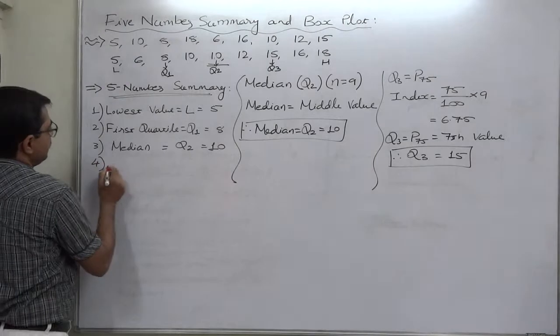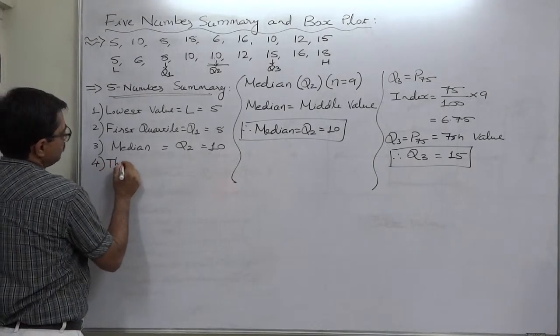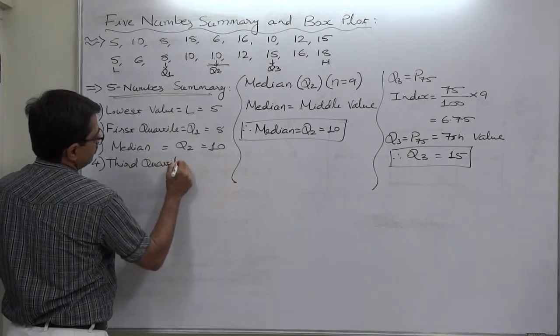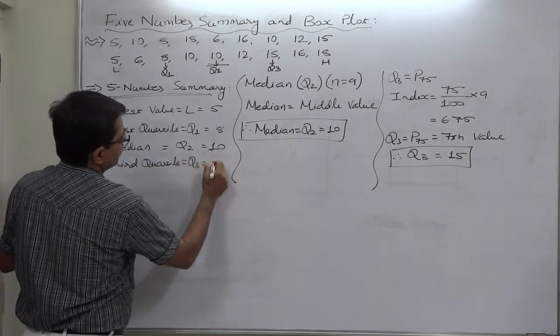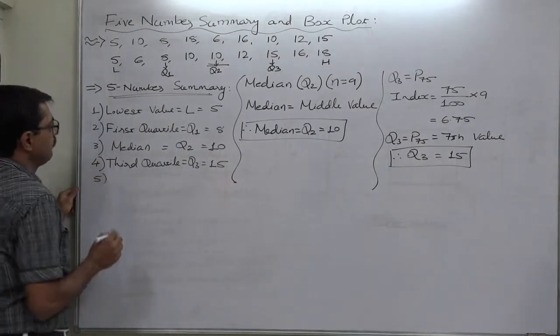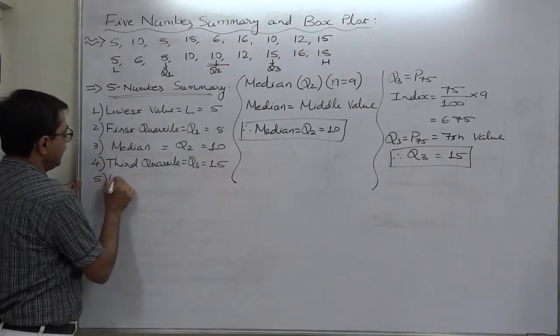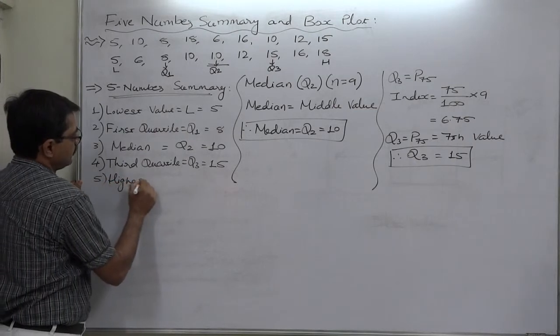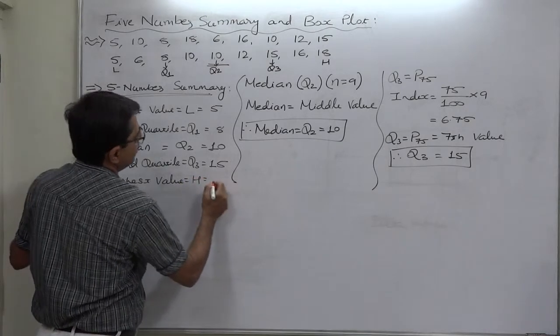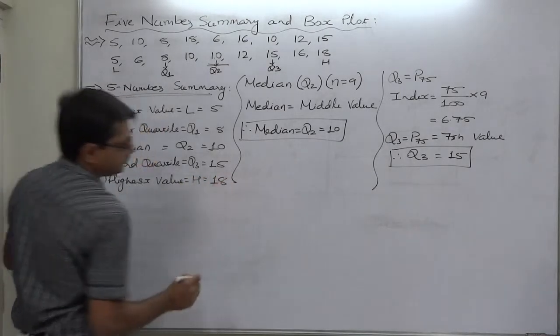The fourth is the third or highest quartile, Q3, that is 15 in this case. And the last in the 5-number summary, number 5, is the highest or largest value. We give the sign H to it, and that is 18.